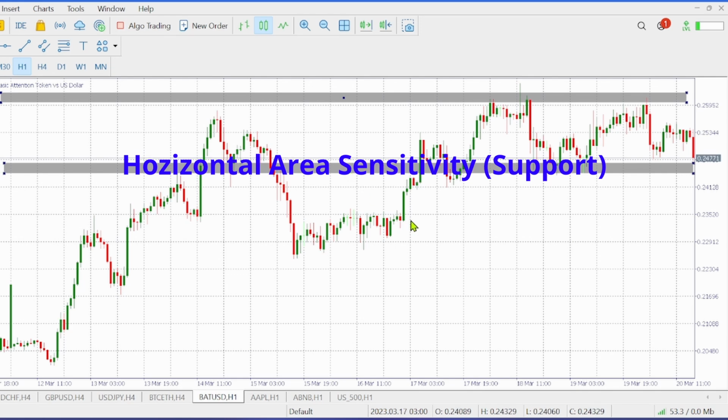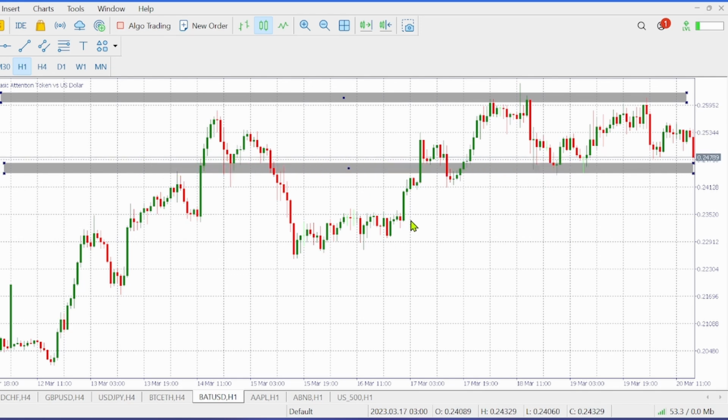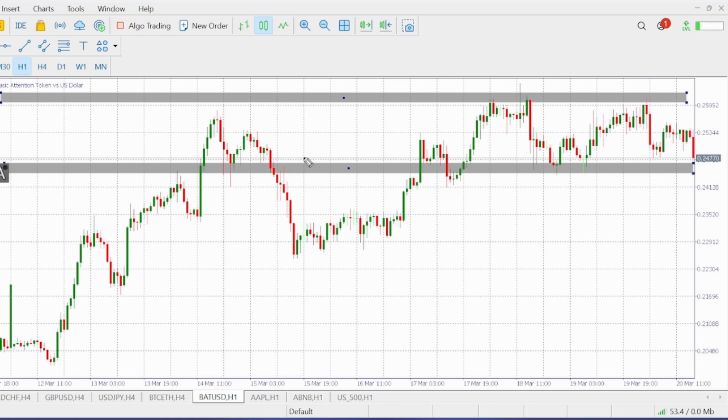Nice. Now you can see we are in a high time frame consolidation here.